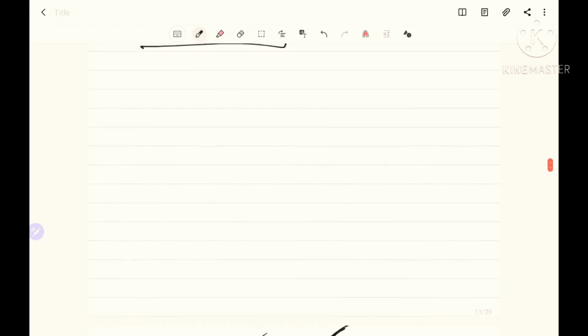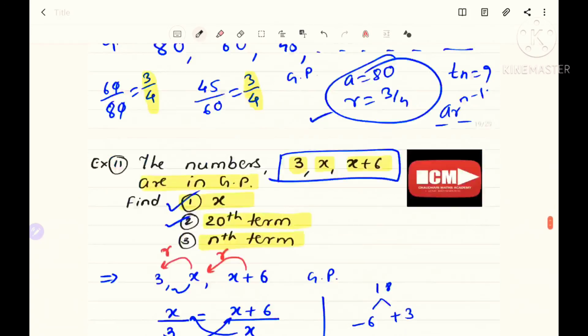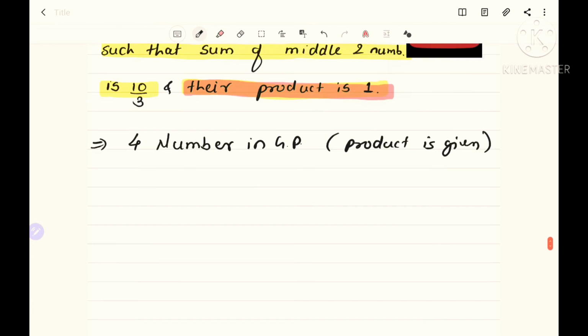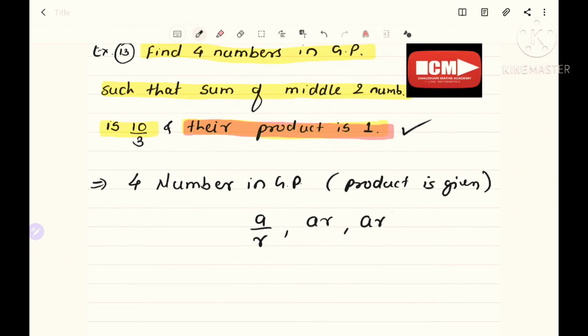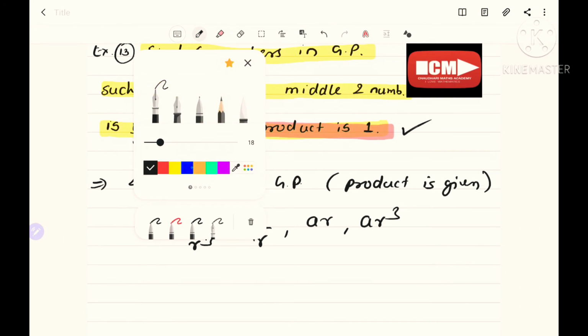Coming back to this original problem, we want 4 numbers in geometric progression and the product is given, so please select the numbers in this way: A divided by R cube, A divided by R, AR, then AR cube.